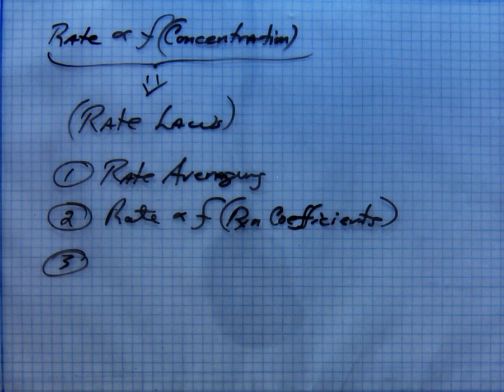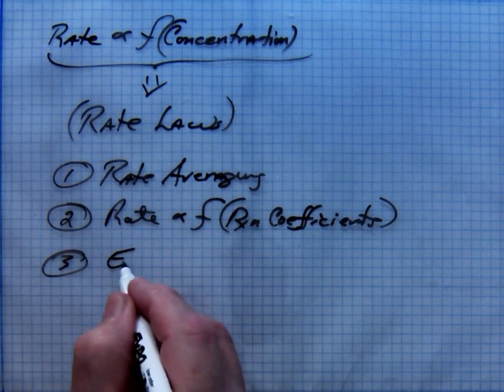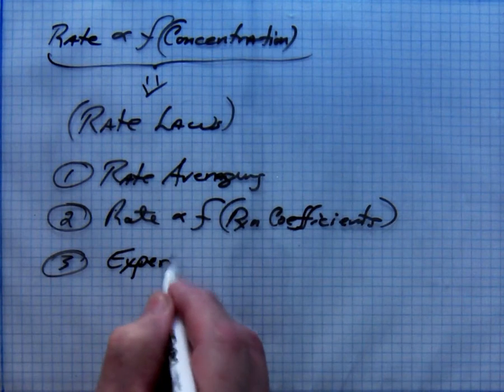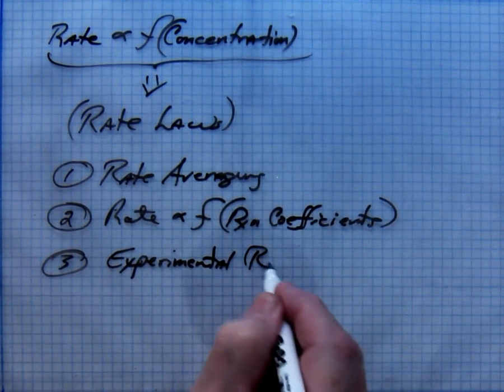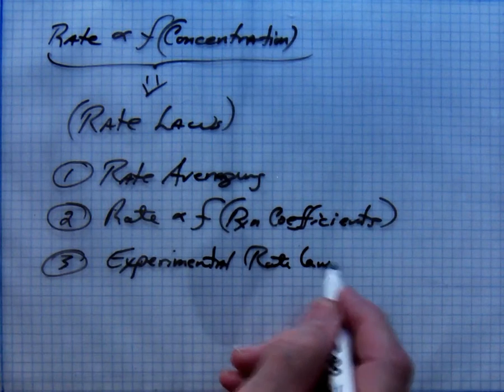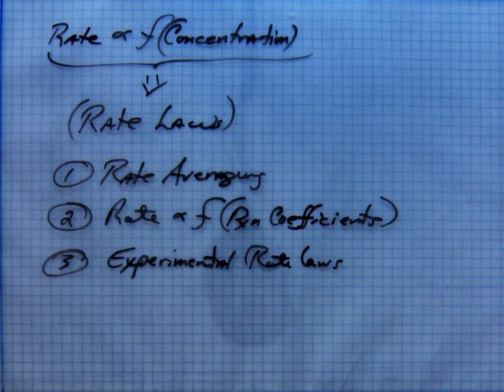Rate as a function of experimental observation, or we call these experimental rate laws. So you start off with a reference concentration, 0.1 molar compound. And you measure the rate of reaction for 0.1 molar compound.